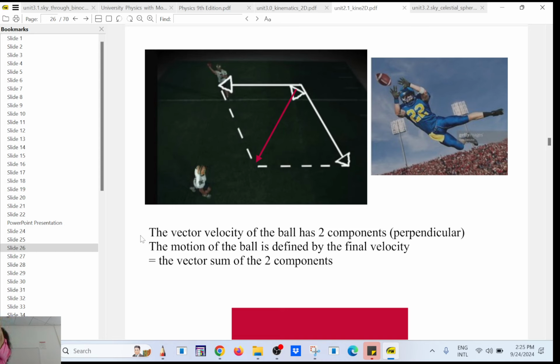It wants to move forward, but at the same time, it's going in that perpendicular direction. So which way is it going to go? Somewhere in between, right?